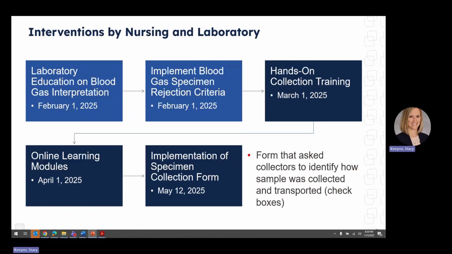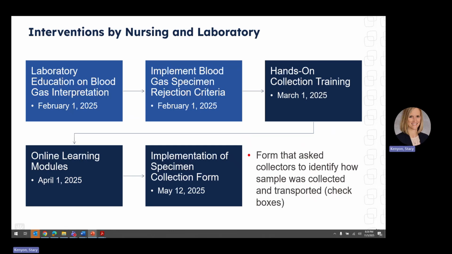Approximately 1 month later, a specimen collection form was initiated, and this was actually the suggestion of our nurse colleagues. This form asked the specimen collectors to identify how the sample was collected. For example, was it collected directly into a blood gas syringe? And also to identify how the sample was transported to the testing location.